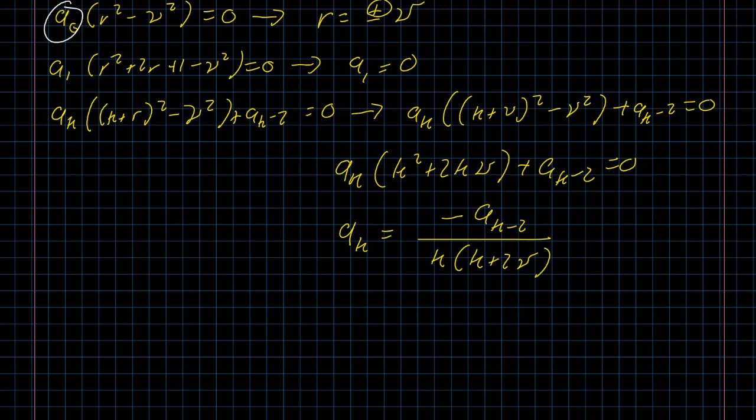The usual way of dealing with this in the Bessel function is to make the obvious choice. I don't know who thinks that this is obvious, but they tell me it's the obvious choice, and I'm required to believe them because I am a math teacher or something. But we're going to pick that a naught is equal to 1 over 2 to the nu, times the gamma function of 1 plus nu. The gamma function.